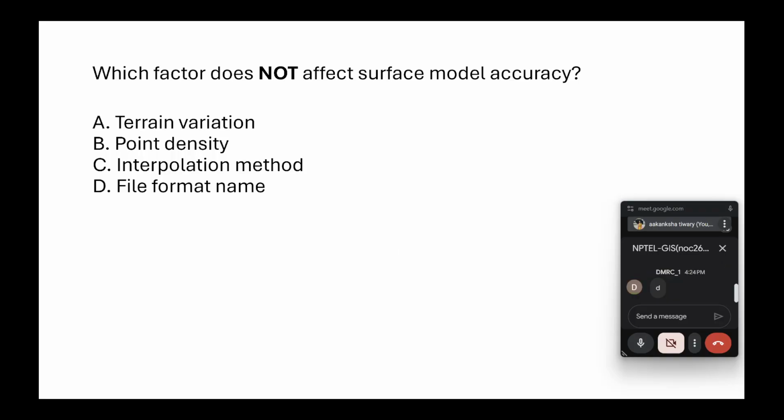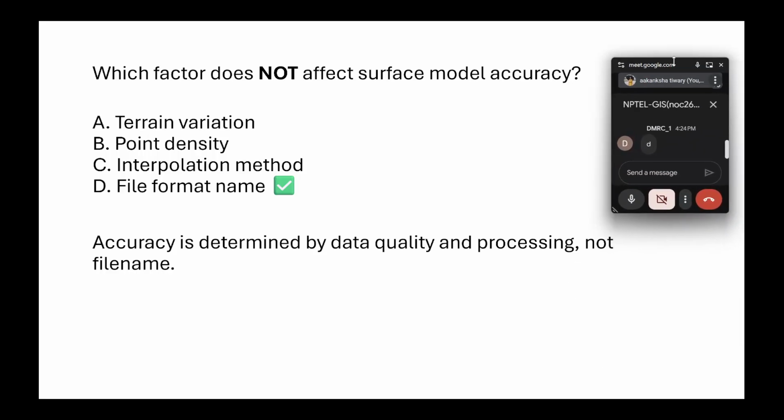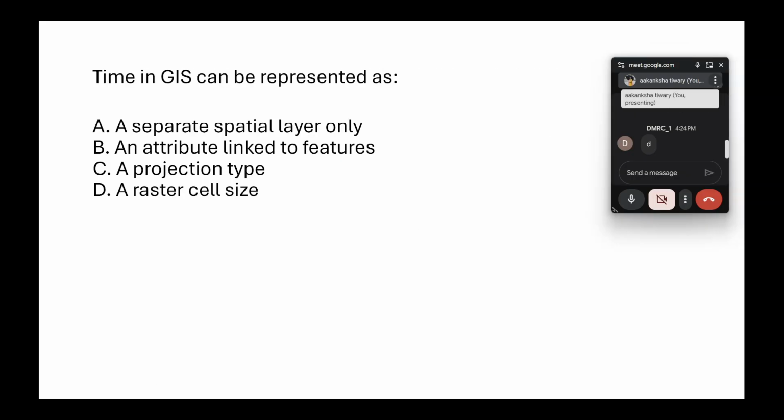Which is not going to affect the model accuracy? Yes, so it is going to be the file format name. So whatever the file name is, it doesn't depend on that. So it was kind of obvious.